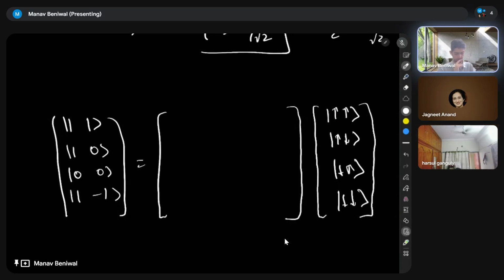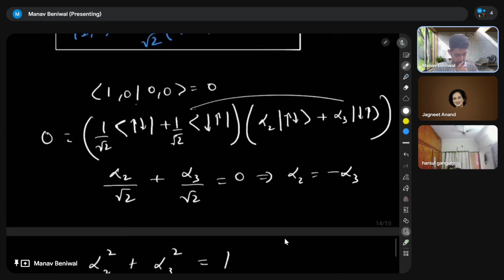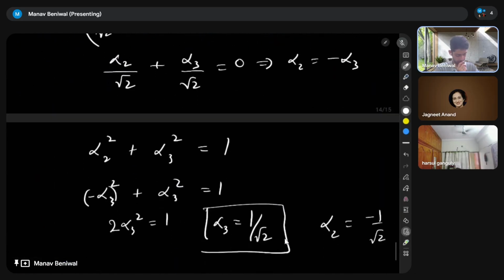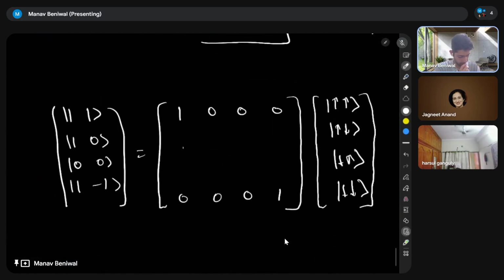So for 1 1 this will be 1 0 0 0. For the last one, 1 minus 1, this will be 0 and this is 1. For 1 0 it is 1 by root 2 and 1 by root 2 for both of them, so 0, 0, 1 by root 2, 1 by root 2.